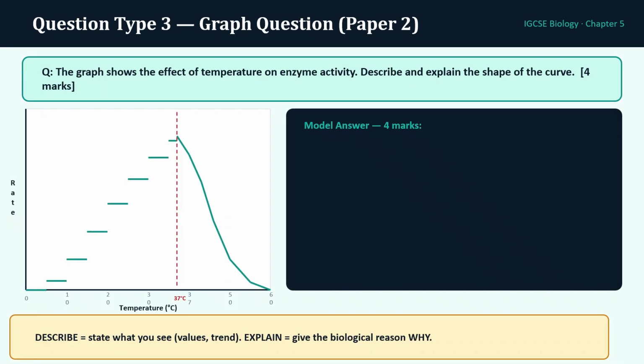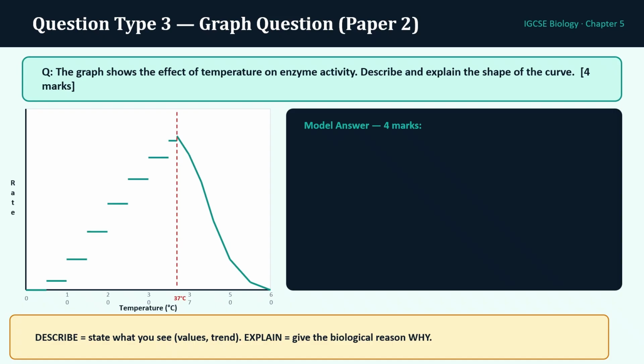Now question type 3 is the graph question. Very common in paper 2. The graph shows the effect of temperature on enzyme activity. Describe and explain the shape of the curve. 4 marks. Two command words are here: describe and explain. You need both what you see and why.